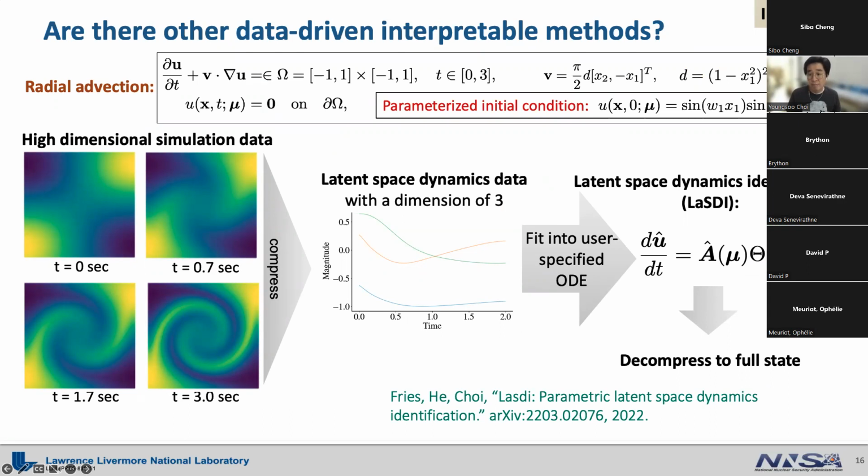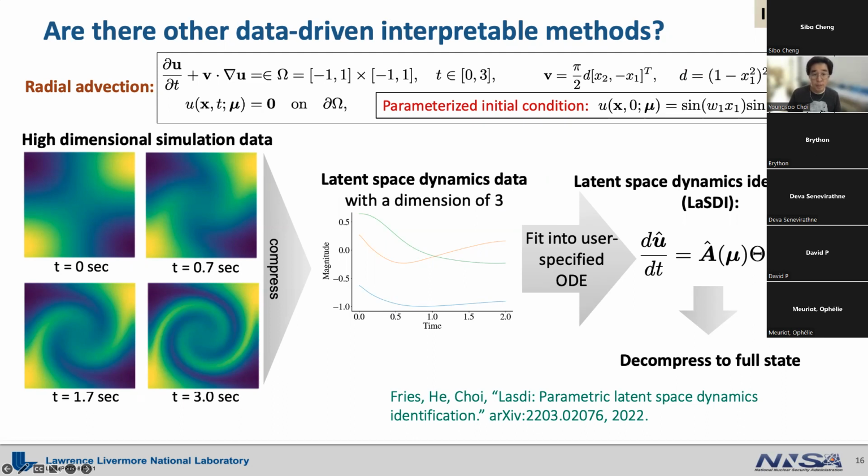However, it may be that the linear ODE is not a good choice. Actually, one can imagine fitting the latent space dynamics data to higher order ODEs, or even to an ODE with a trigonometric or exponential right-hand side.